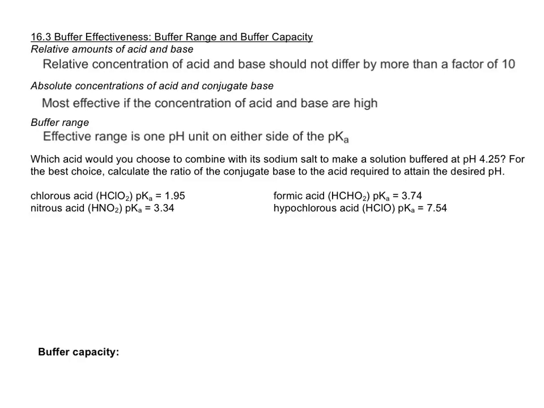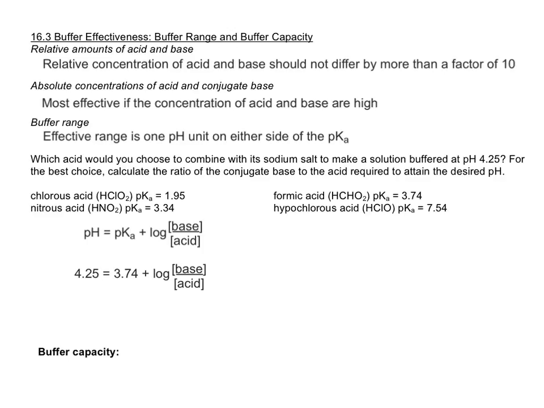Okay, so in order to find out how much acid and base we would need, we want to use our Henderson-Hasselbalch equation. So the pH is equal to the pKa plus the log of the concentration of base over the concentration of acid. Excuse me. So for this one, we're going to plug in 4.25 as the pH.